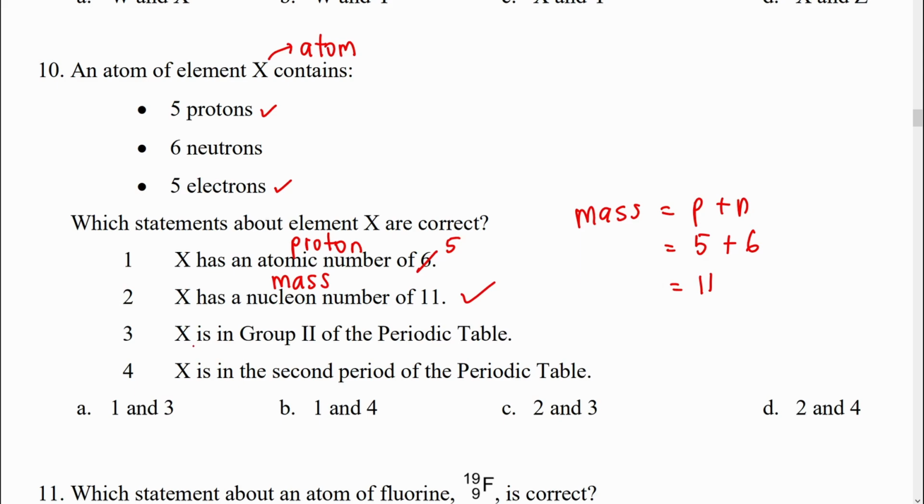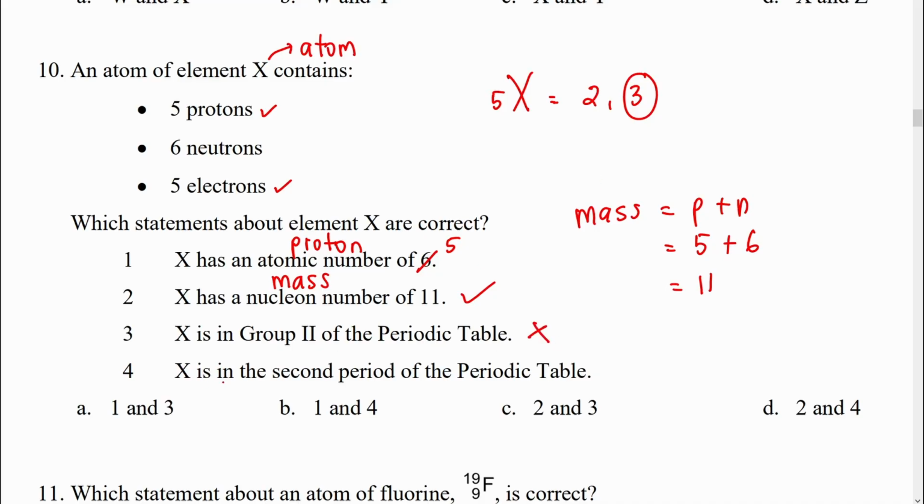X is in group 2 of the periodic table. To know this, we have to work out the electronic configuration of element X, right? So we are using the proton number. How do we configure this one? 2, 3. So it means it is in group 3 of the periodic table, not group 2, right? So it's wrong.